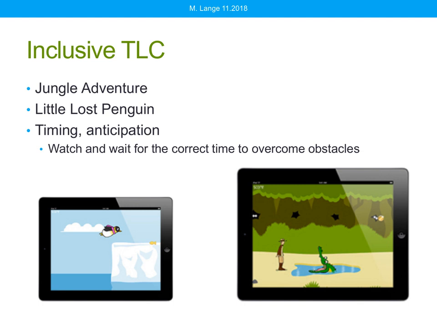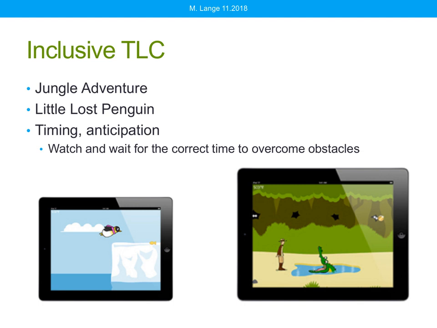Another option from Inclusive TLC is Jungle Adventure, which is pictured here on the right, and Little Lost Penguin, which is pictured on the left. These are fun little apps. I find that kids really like these quite a bit. The graphics are very friendly. It works on timing and anticipation.